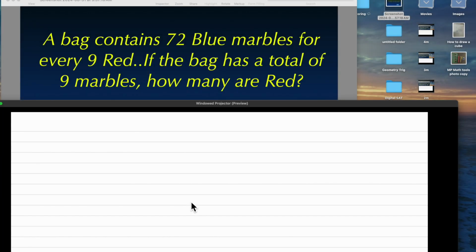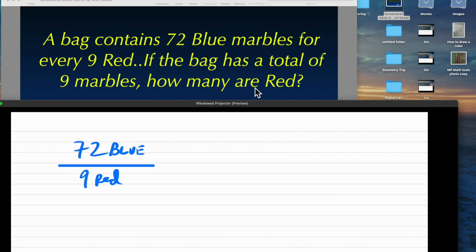Okay, we're going to use the part 1 from the problem we just completed, but there's going to be a different part 2 here. Okay, the bag contains 72 blue for every 9 red. 72 blue, for every is our fraction line, 9 red. Okay, we forgot to say what x would equal.